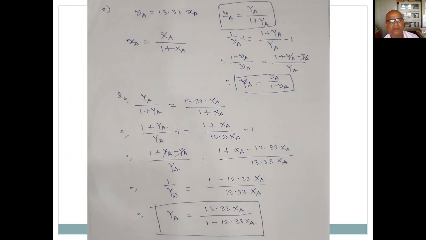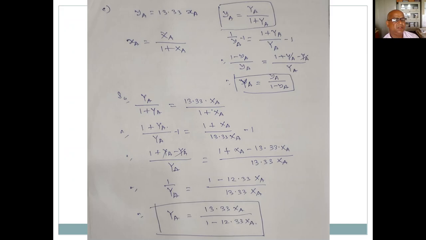So you should know how to do this, because whenever we solve this kind of problem, we always need to draw the equilibrium curve first, because the equilibrium curve will tell you up to what extent you can do the mass transfer. Because when you reach equilibrium, the net flux will be zero, and no mass transfer will take place.